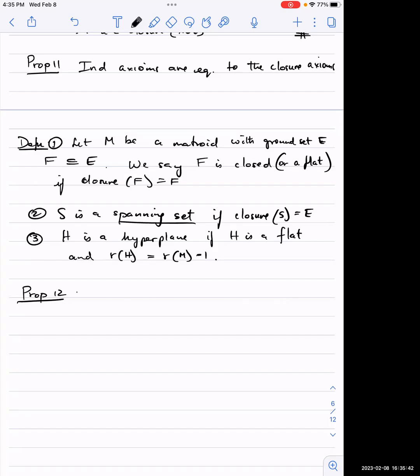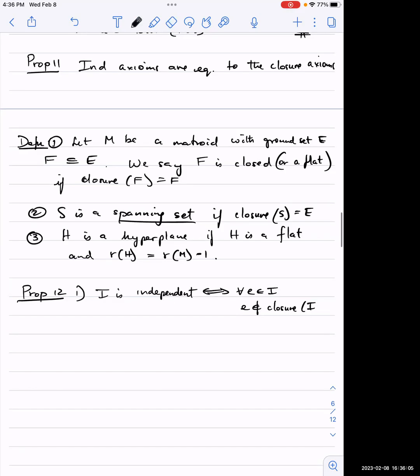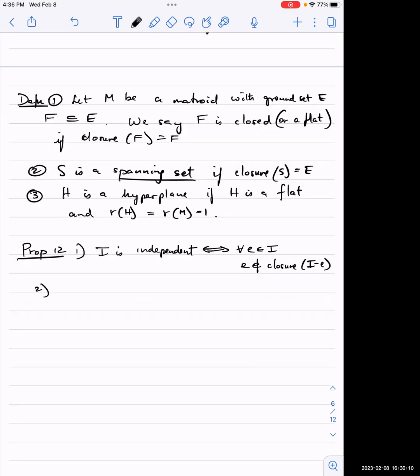I is independent if and only if for every E in I, E is not in the closure of I minus E. And S is spanning if and only if the rank of S is equal to the rank of the whole space.